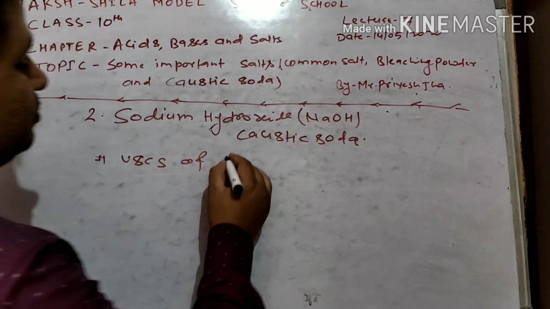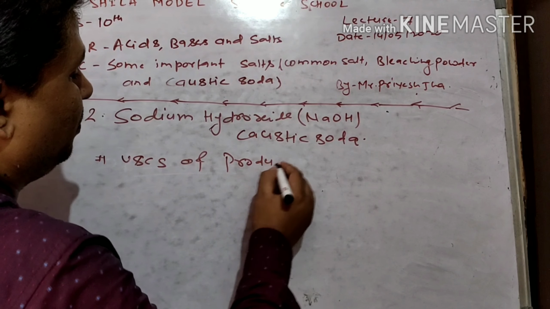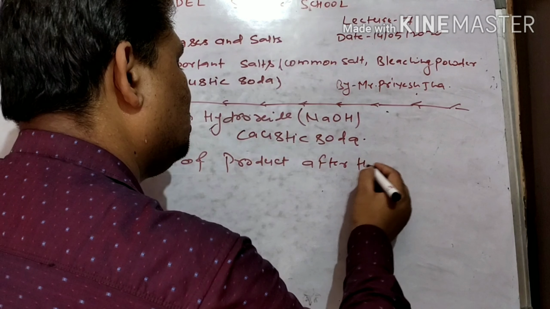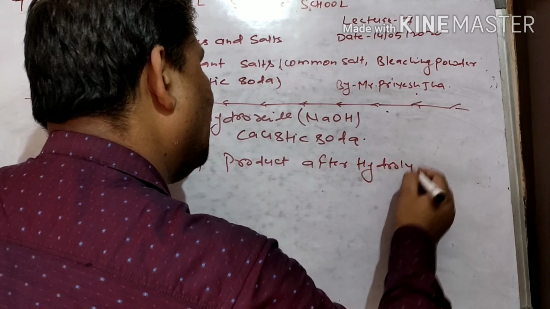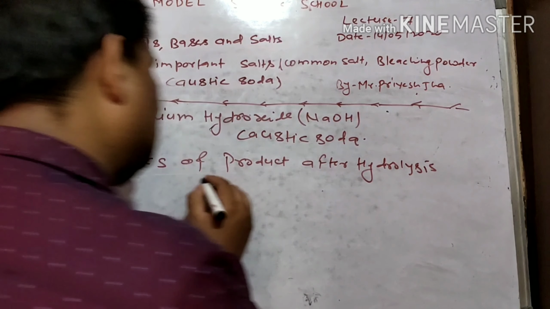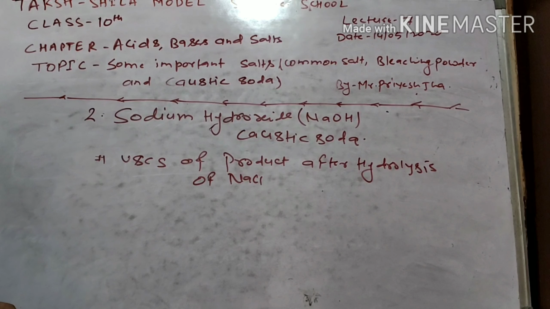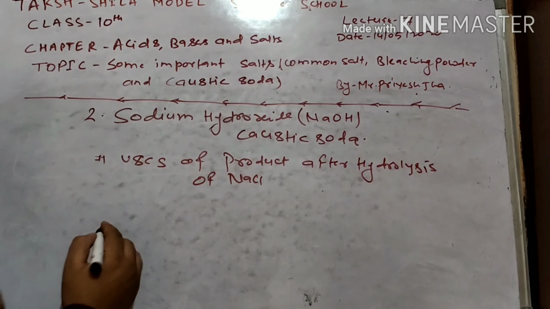Usage of product after hydrolysis of NaCl. So in this process generally 3 products are formed.